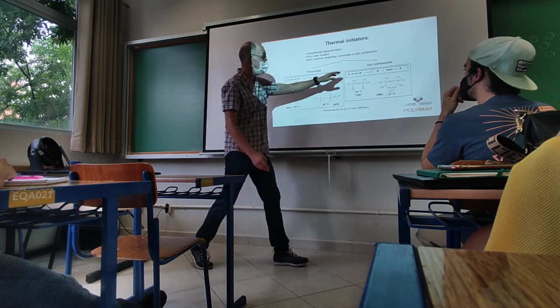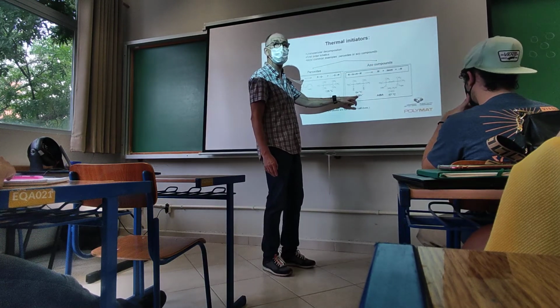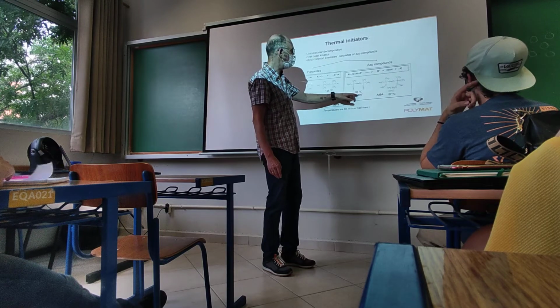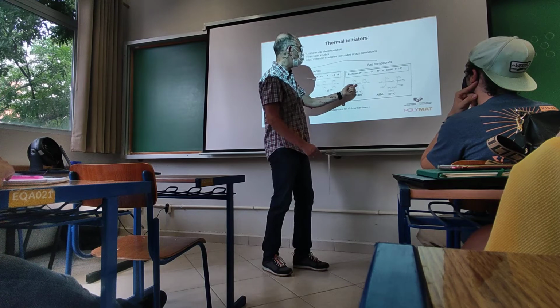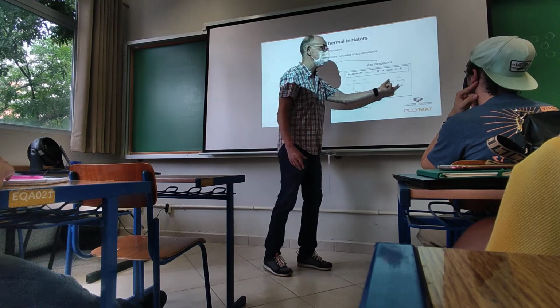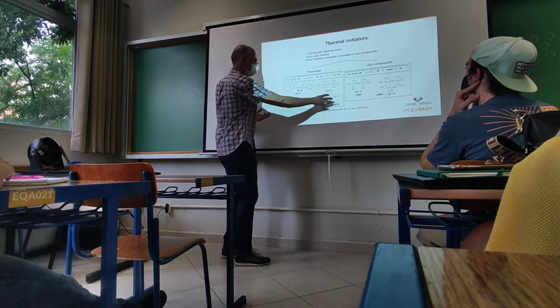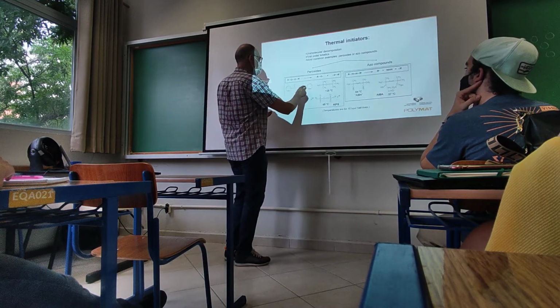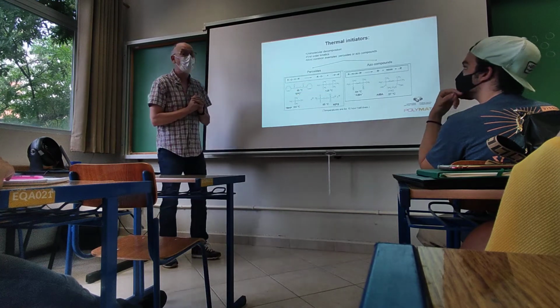Or azo compounds. The best known azo compounds are AIBN, azobisisobutyronitrile, or AIBA, and the difference between them is that AIBN is oil soluble or more soluble in oil, and AIBA is more soluble in the aqueous phase. Here, this is water soluble, and this is water soluble. These are not really water soluble.